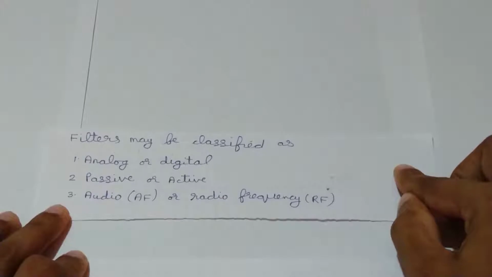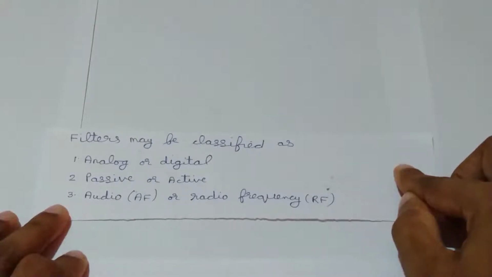An active filter uses an active component like transistors or op-amps in addition to resistors and capacitors. And here we are going to study an analog active filter which uses op-amp as the active element.